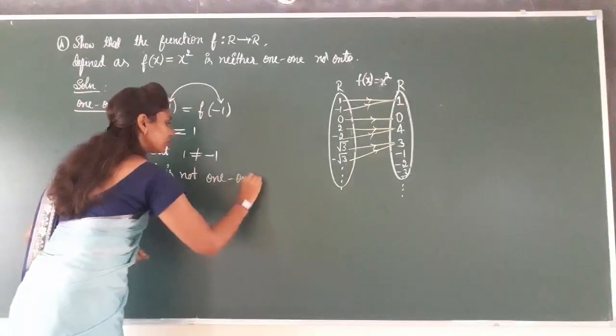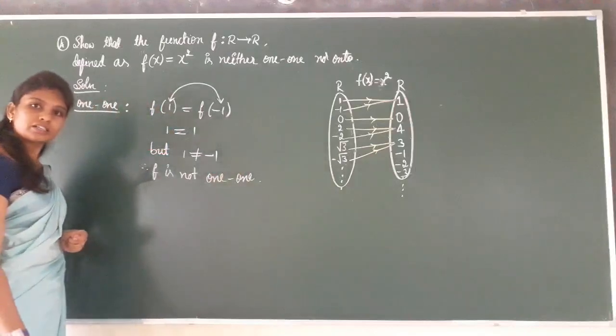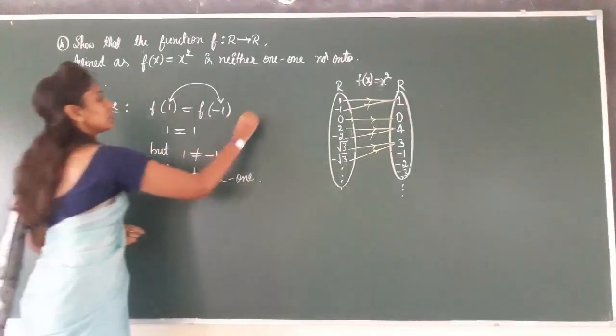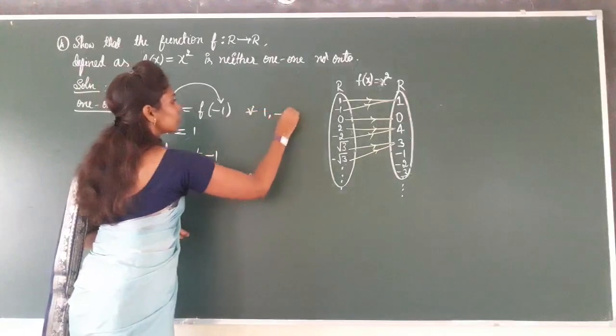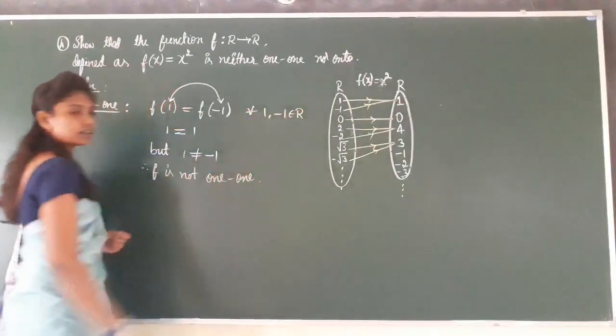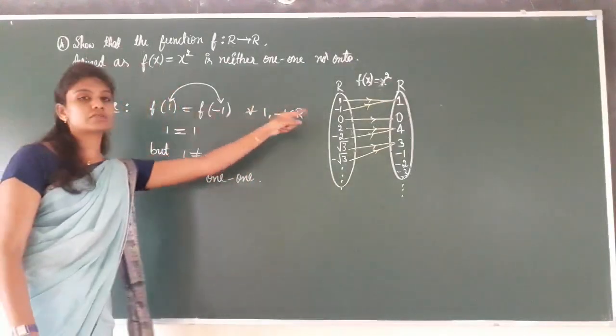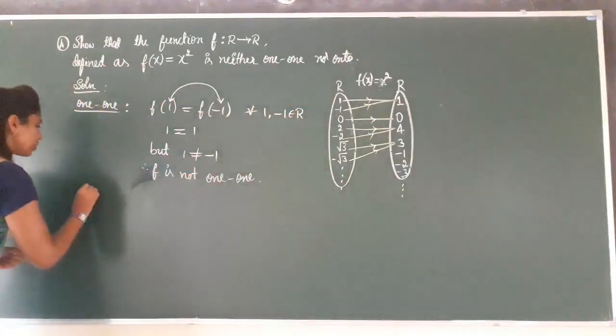Clear? Here, for all 1, minus 1 belongs to the domain set, that is R. You have to write that 1, minus 1 belongs to R.